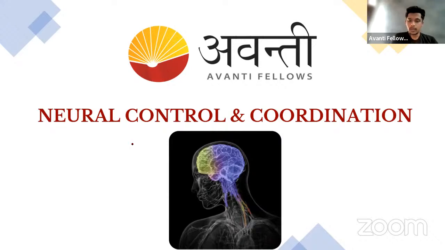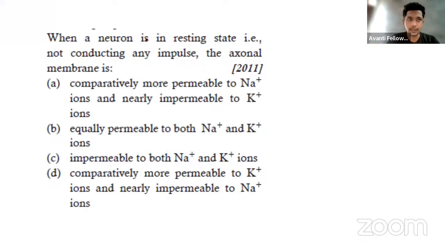Okay. So before we go on to today's topics, we have a first question today. When a neuron is in resting stage, that is, it's not conducting any impulse, the axon membrane is comparatively more permeable to sodium ions and nearly impermeable to potassium ions.